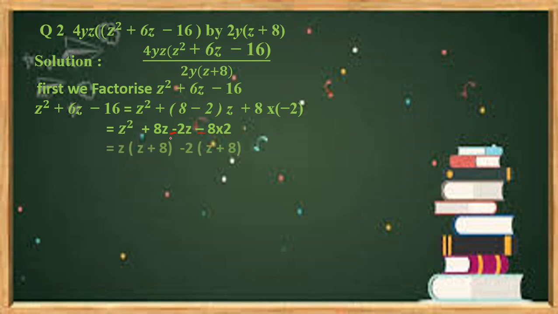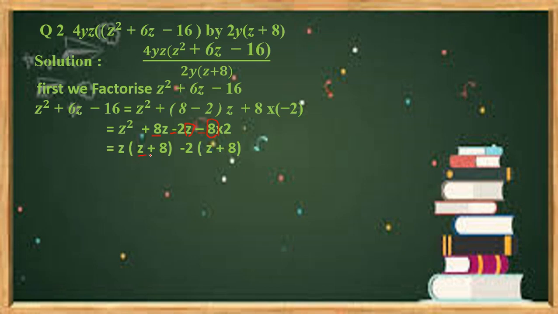Taking z common from the first and second term, the rest is z and 8, so z plus 8. From the third and fourth term, minus 2 is common, and the quantities left are z and 8. So minus 2 into z plus 8.